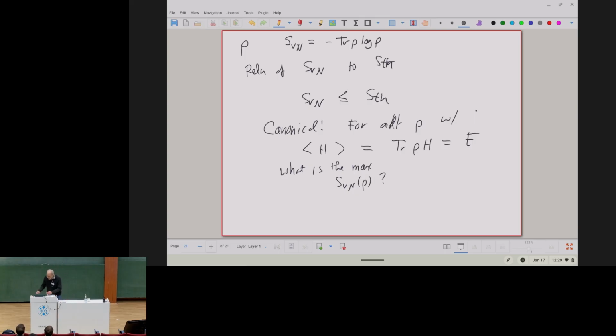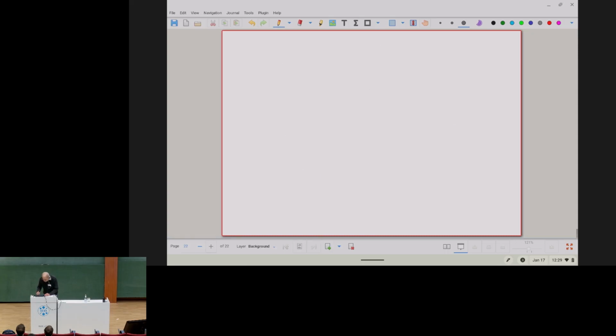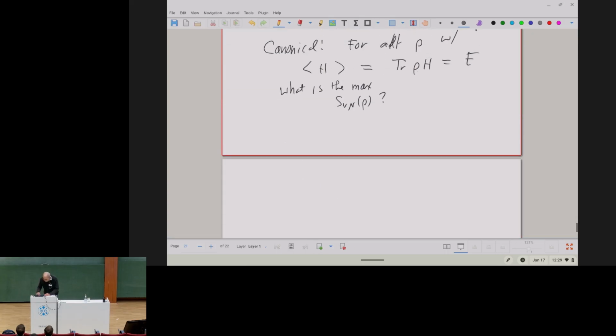Well, this is a simple exercise with Lagrange multipliers. So the function we want to maximize is the trace of rho log rho. But we have a constraint that the trace of rho H should be E. And we also must not forget that density matrices are normalized. So we have another constraint that the trace of rho should be 1.